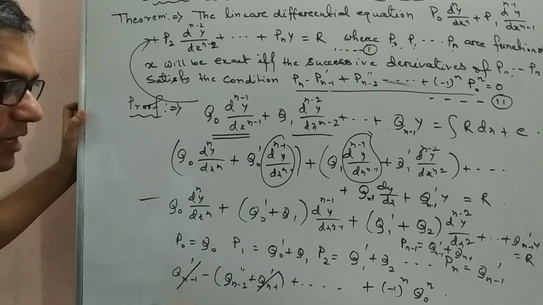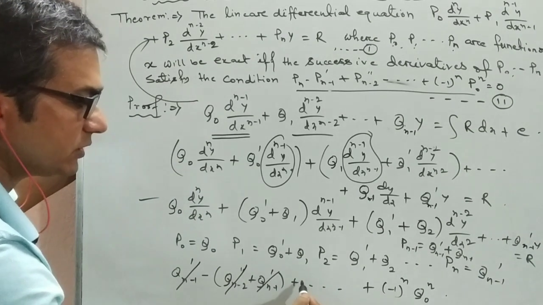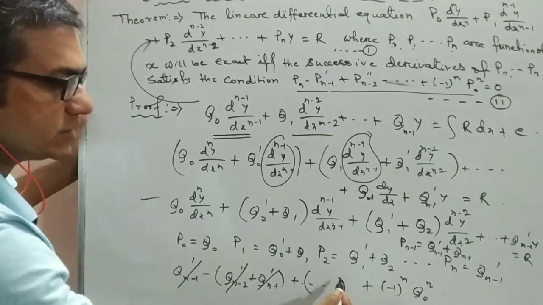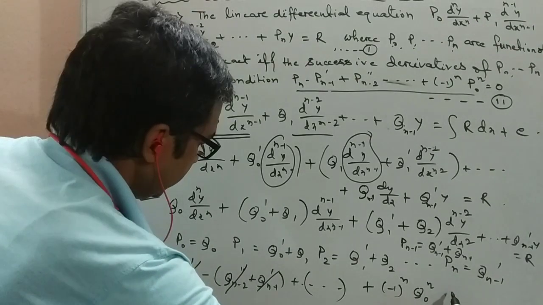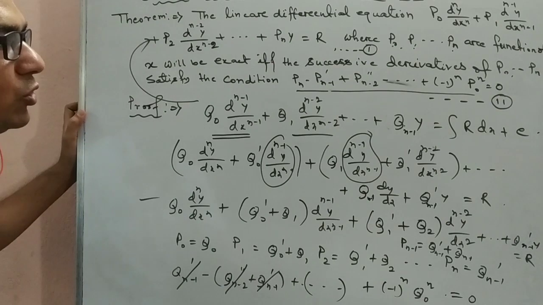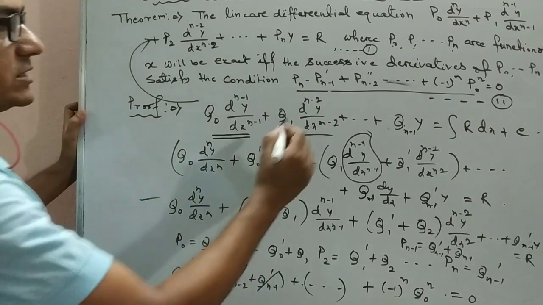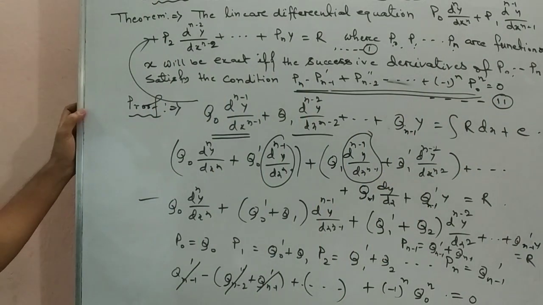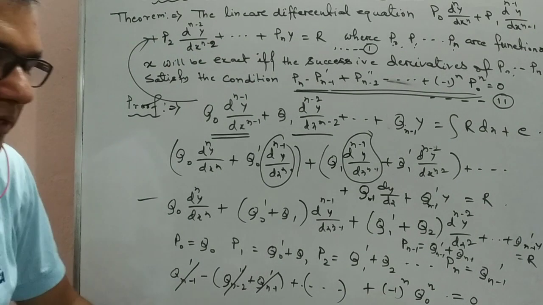This term cancels, the term in the second bracket also cancels, and all the terms cancel. So it must be equal to 0. So from this result we say that this is the condition of exactness of this differential equation.